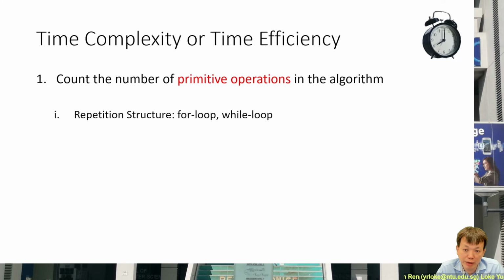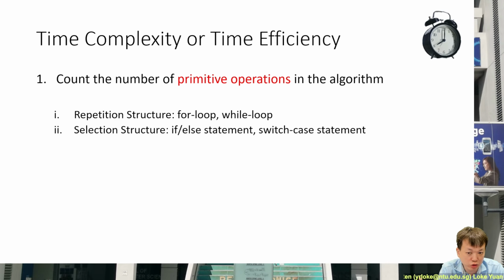So when we analyze the time complexity in any programming language, this has nothing to do with a specific programming language, all algorithms normally have three kinds of structure we need to analyze. One is the repetition structure: for loop, while loop, do-while loop. Or the selection structure: if-else, switch case. We need to talk about it when we analyze the time complexity of an algorithm.